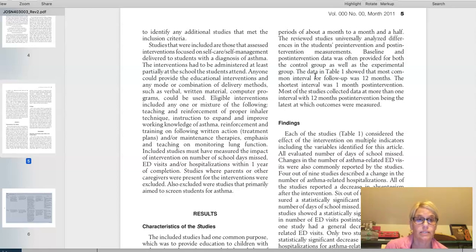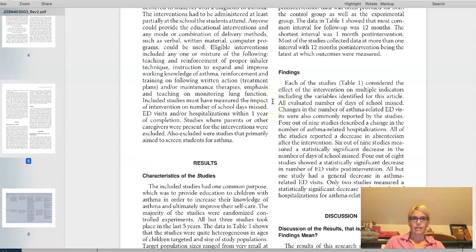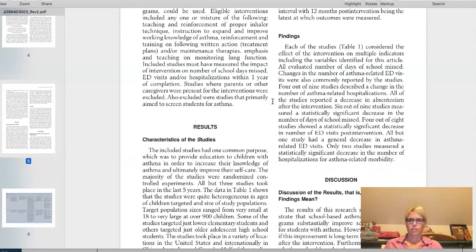Most studies collected data at more than one time. It really does give you an idea, because she's talking about asthma, education, and school-age children. So you can just sit back and say, okay, it was a good range. It wasn't that they were all in elementary school or that they were all in high school. From what she summarized, they're all over the place in age.